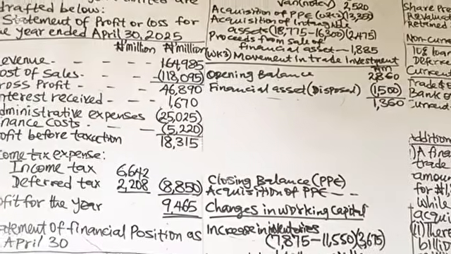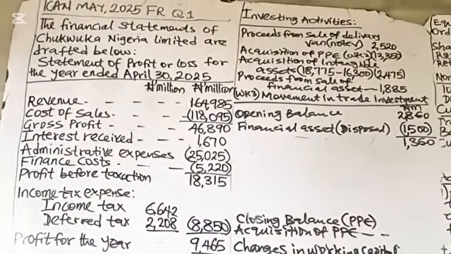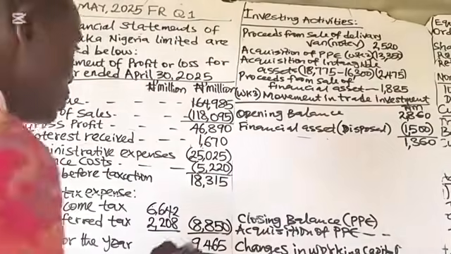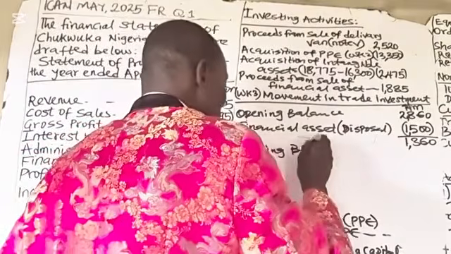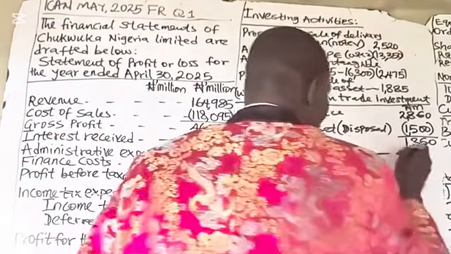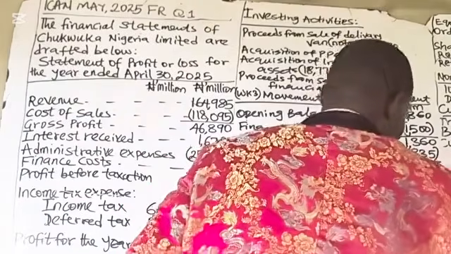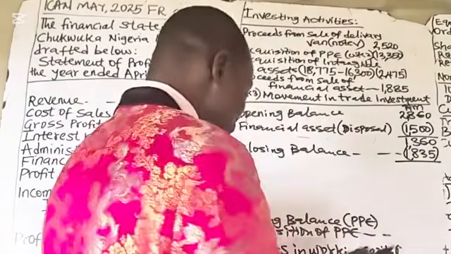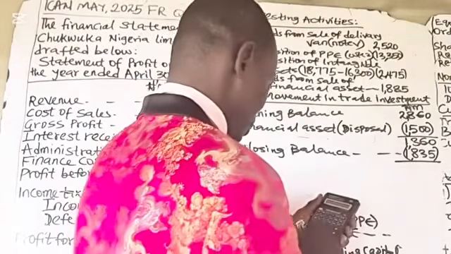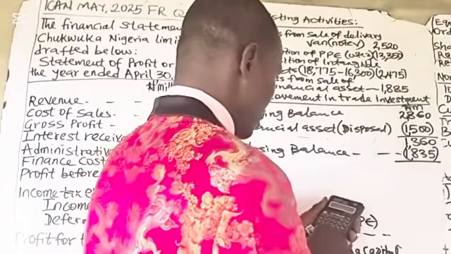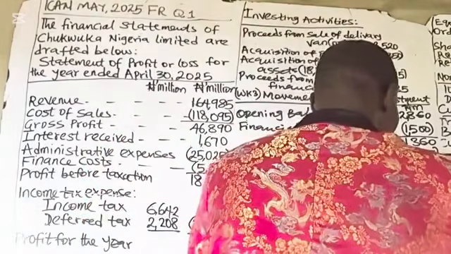So we will adjust the closing balance of 1,835. If you remove the closing balance, you see the closing balance is greater than 1,360. It's greater by 475.